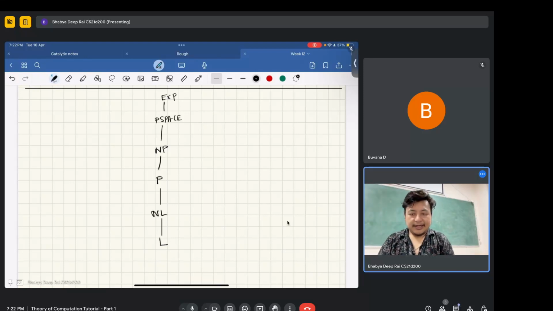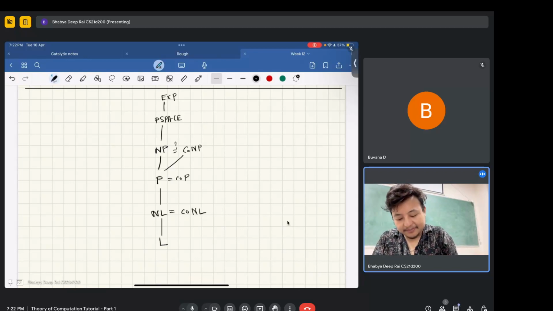By Immerman-Szelepcsenyi, you might have seen in the course that NL is closed under complement, and P is also closed under complement. Let's call it co-P. P is also contained in NP. Whether these are equal is not known.